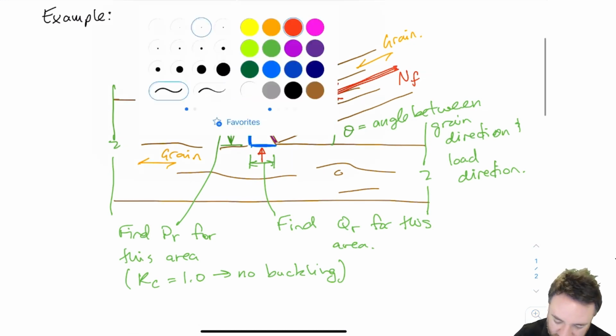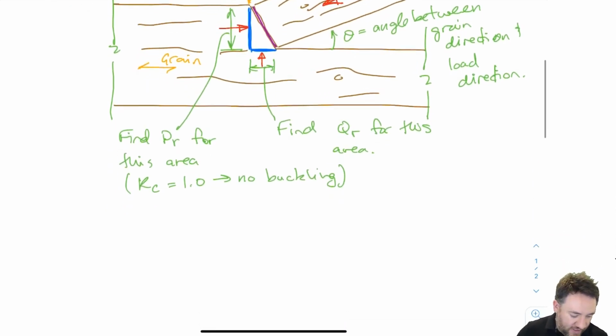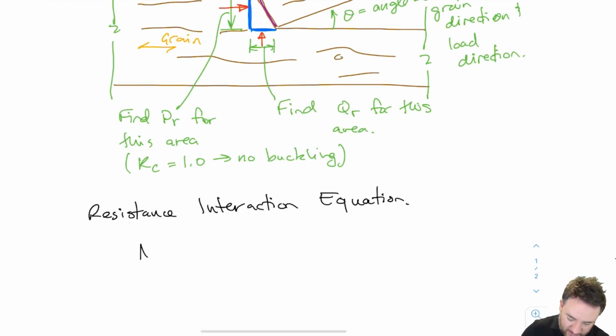Okay, so I find those resistances QR and PR, and then I plug them into a resistance interaction equation. It looks like this. It's going to say NR, where N is just like a force at a general angle, so this is a resistance at some angle.